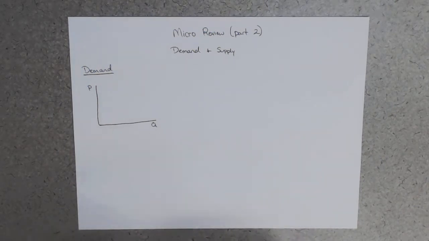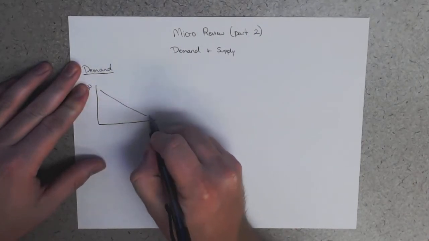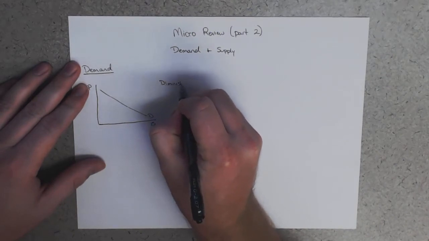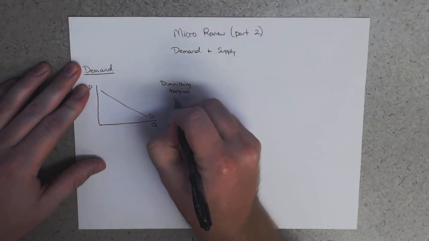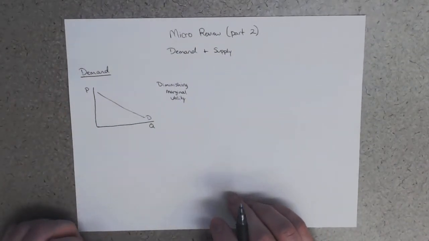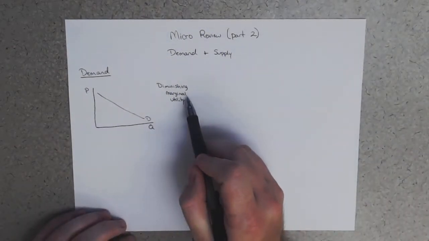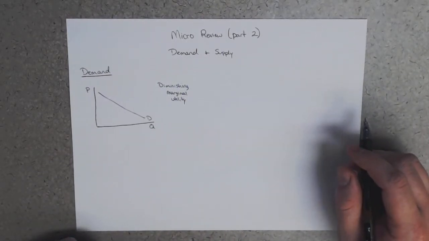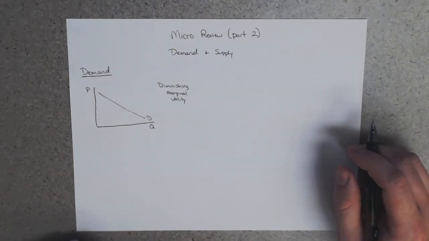What we have is a downward sloping curve, which reflects the idea called diminishing marginal utility, which is just fancy economist speech for the idea that each additional unit, remember, thinking at the margin here, each additional unit of the good brings less utility or less happiness or less value than the one before.